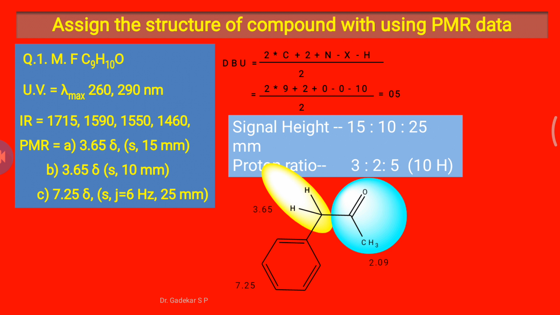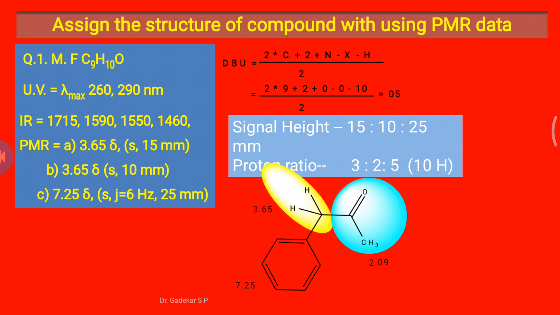First, calculate the double bond unsaturation. How many double bond unsaturations are in the molecular formula C9H10O? Put the values in this equation, DBU, the double bond unsaturation formula: 2 times the number of carbons, 9, plus 2, number of nitrogen 0, number of halogen 0, minus the number of hydrogen 10, divided by 2, is equal to 5.